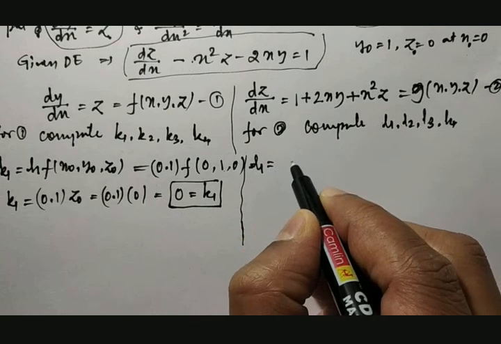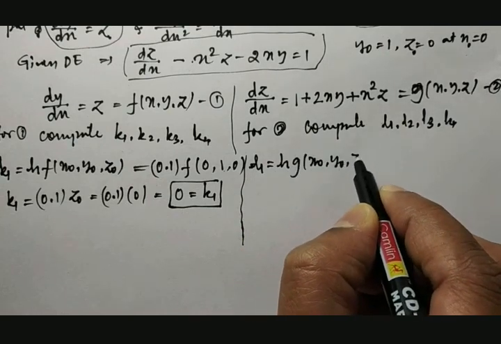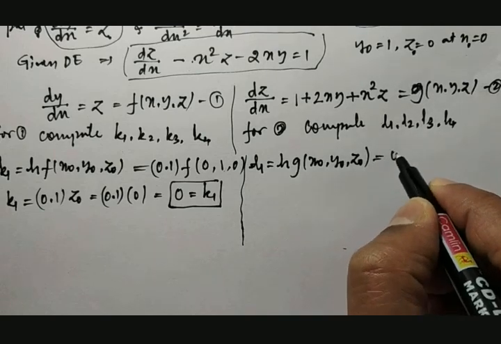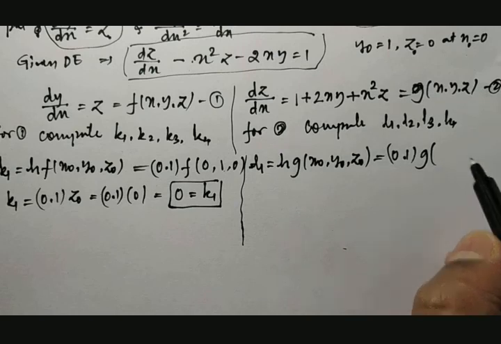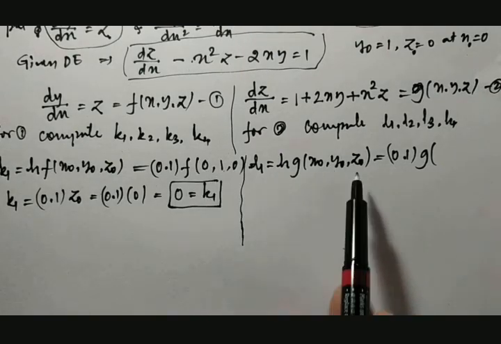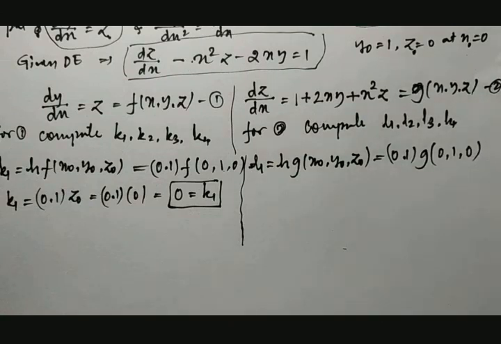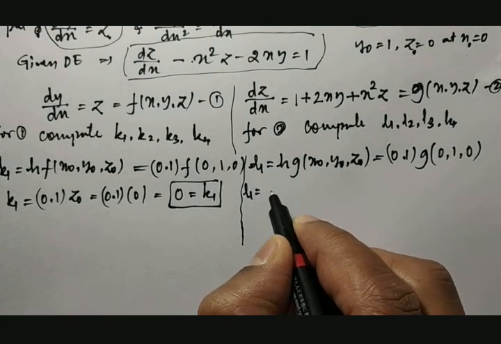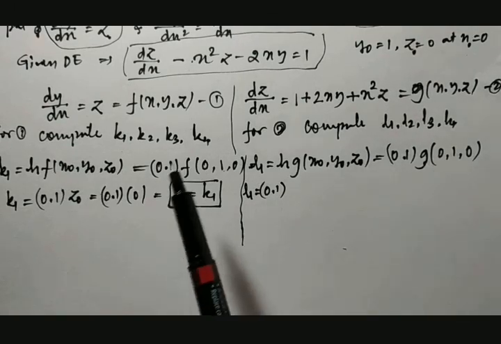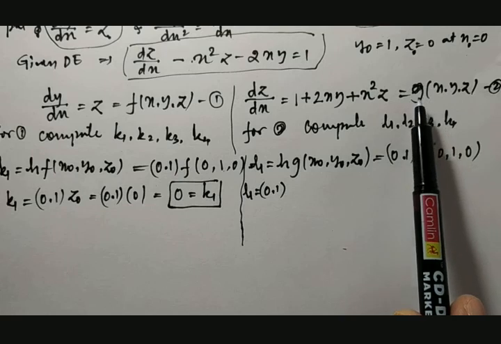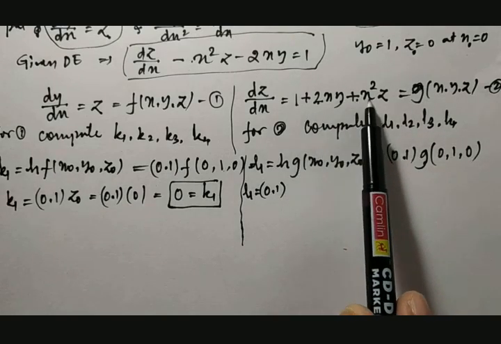L1 is equal to H into G of X naught, Y naught, Z naught. Again H is 0.1, that into G of, what are the values? Same values you'll get, that is nothing but 0, 1, 0. Therefore L1 is equal to 0.1 into G function. G function means the second function, which is 1 plus 2xy plus x square z.